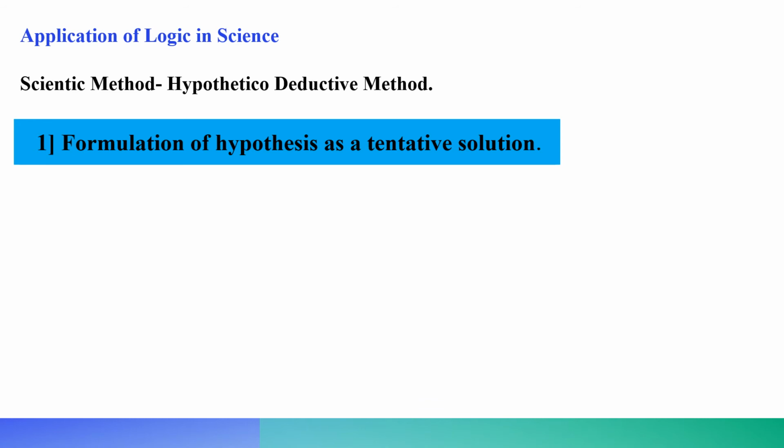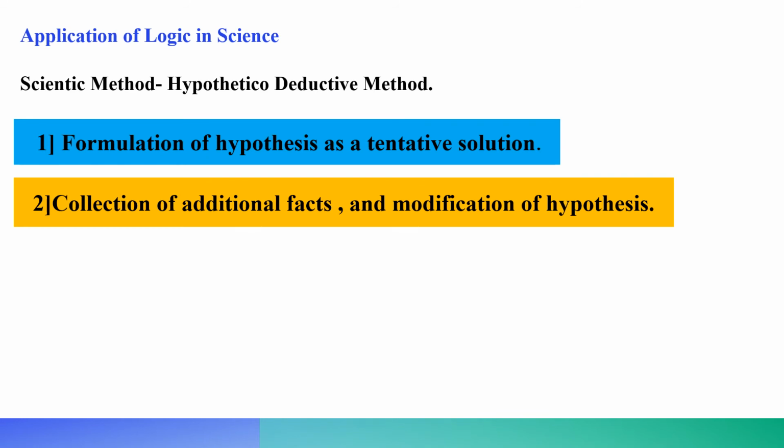Second stage is collection of additional facts and modification of hypothesis if necessary. You know that a hypothesis is a guess. A scientist has to find out whether his guess is supported by facts. So by using the hypothesis as a guide, he observes new facts which are relevant to the problem.